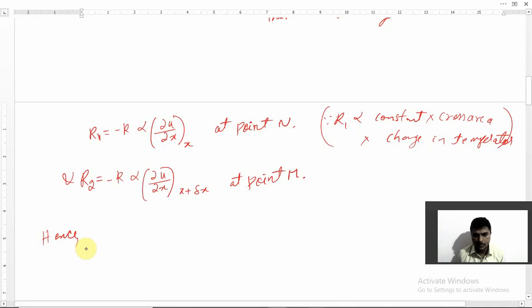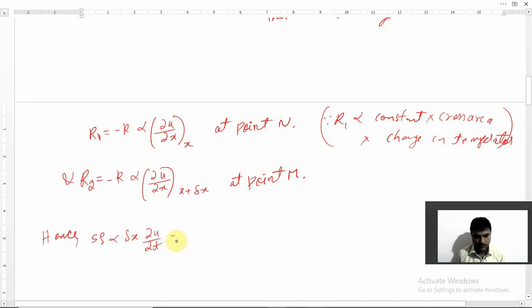The quantity of heat flow, just in the previous slide you can see, the quantity of heat flow is nothing but R1 minus R2, which is, yes, specific heat, rho is the density, alpha is the cross section area, delta x is the change in the distance, and dou u upon dou t will give you the change in the temperature.